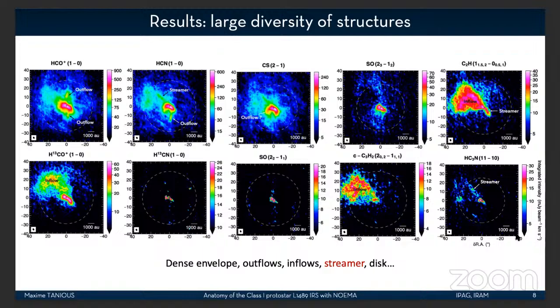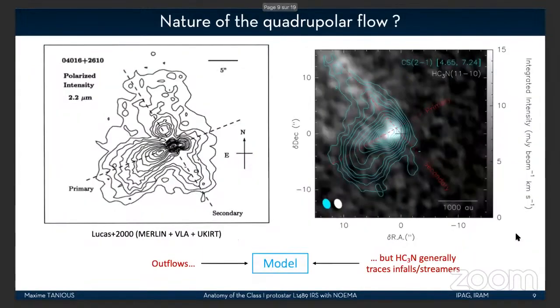So there was a previous observation in polarized intensity in the infrared led by Lucas and collaborators in 2000 that showed that the structures around the protostar were structured around two major axes, the primary and the secondary here.